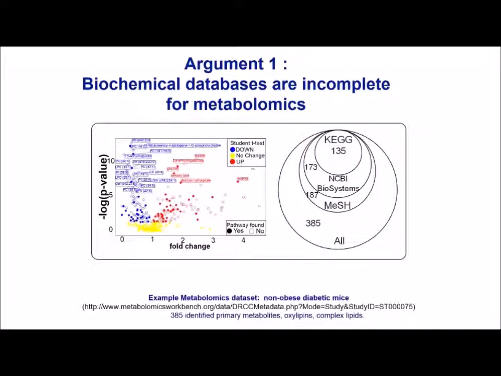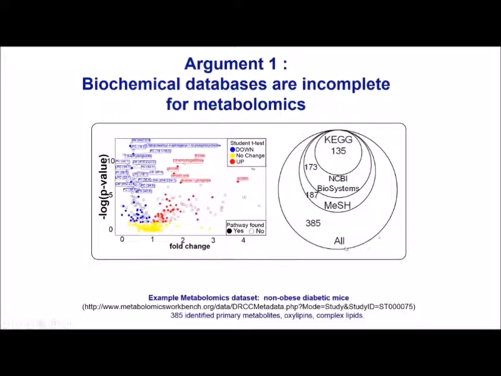Specifically, several lipid species are significantly altered, but since they don't have any pathway annotation, a traditional pathway-based approach will ignore these lipids, and they will not be included in the final interpretation.